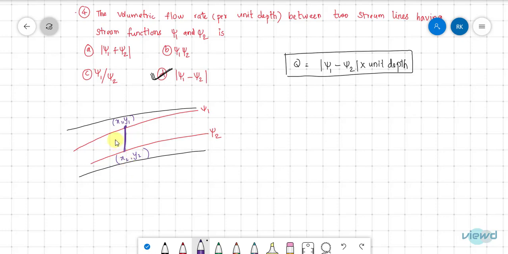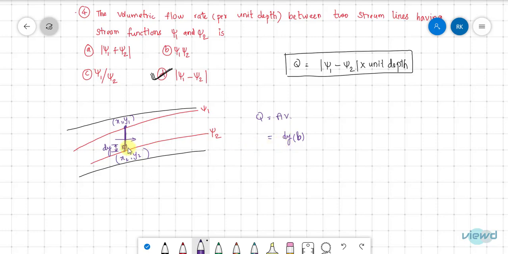Flow rate or discharge is equal to area into velocity. So I am considering the elementary part, and that area will be, I am considering this as dy, so dy into unit depth as b.